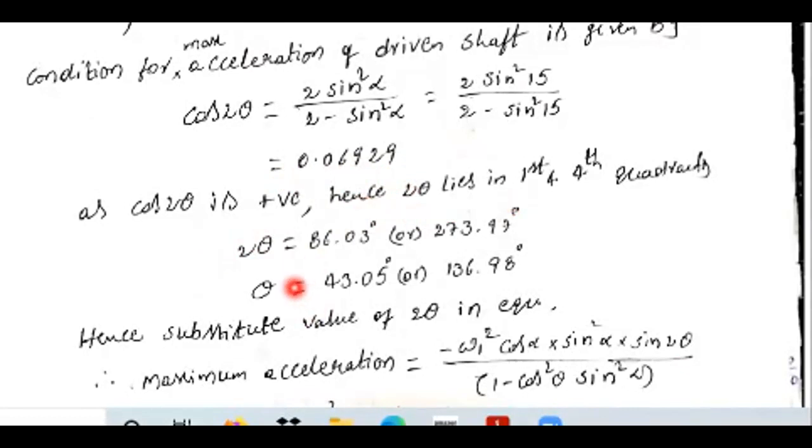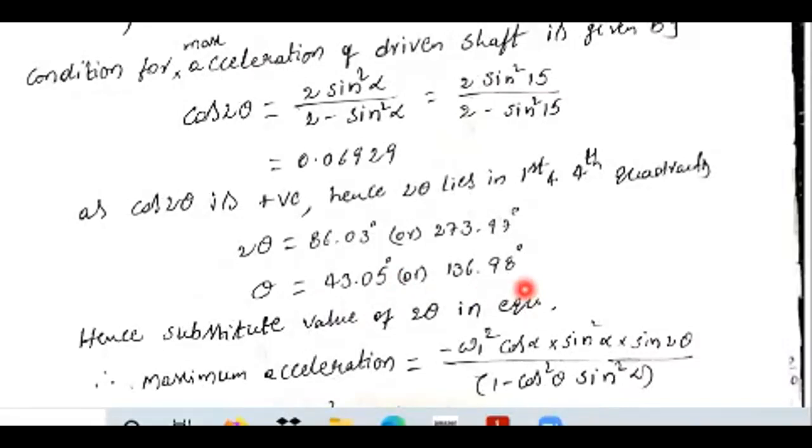So 2 theta is 86 degrees or 273.97 degrees. Theta is then 43.05 degrees and 136.98 degrees.